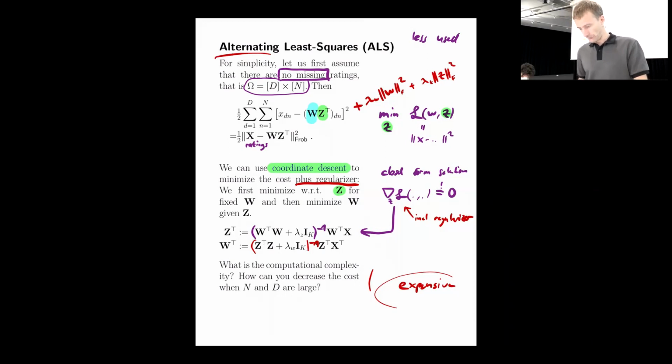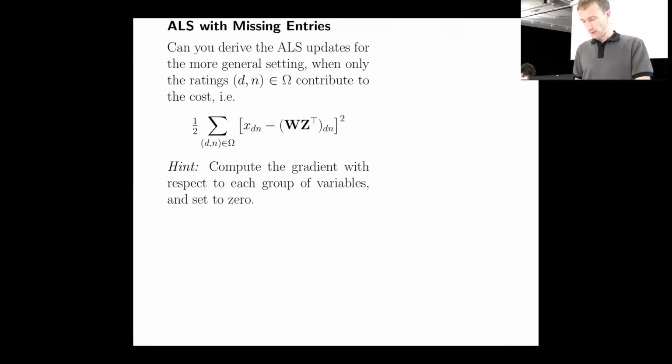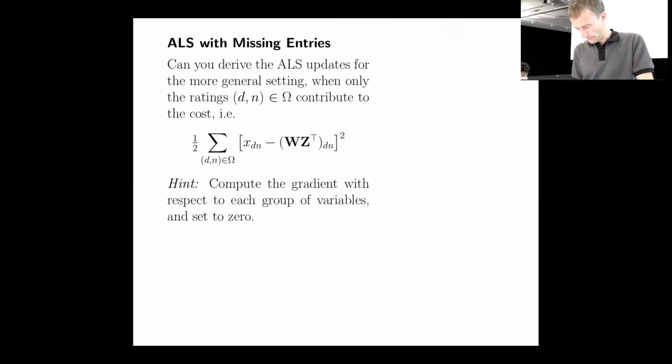Yes, so that's this. And if you want to actually make this useful, then you need to do the same thing with missing entries. So that's the last thing I want to discuss today, and I'll not give you the full derivations because it's a bit annoying to do. And again, it's actually performing less well than SGD in practice.